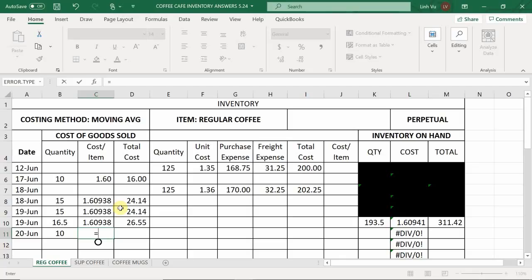Kim, you still there? Yeah, I'm right here. So how am I keeping track of my inventory? Is it perpetual? It is perpetual. Good. So that means we have to constantly update. How am I calculating the cost? What's my costing method?